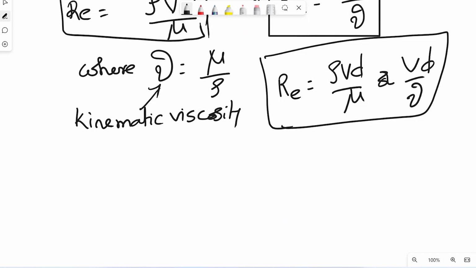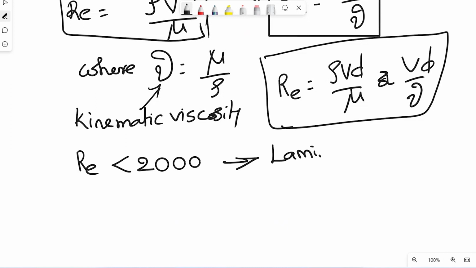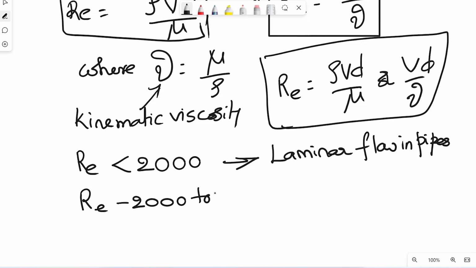Then you can ask me, what is the need to find the Reynolds number? If the Reynolds number is less than 2000, we classify the pipe flow as laminar flow in pipes. If the Reynolds number is from 2000 to 4000, we call it transition flow.